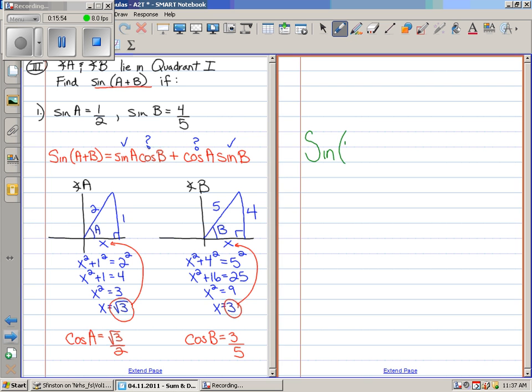The sine of a plus b is now equal to, sine a is a half, cos b 3/5, cos a, rad 3 over 2, and sine b was how much?